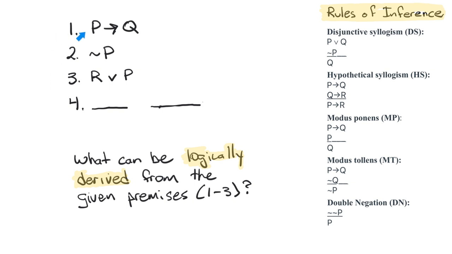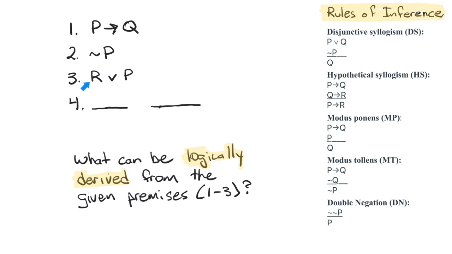So we've got premise 1, if P then Q. Line 2 contains premise 2, negated P. Line 3, R or P. So we've got a couple of options here, and when we do this, we should be thinking of the strategies. So when I see a conditional claim, I'm thinking modus ponens, modus tollens.